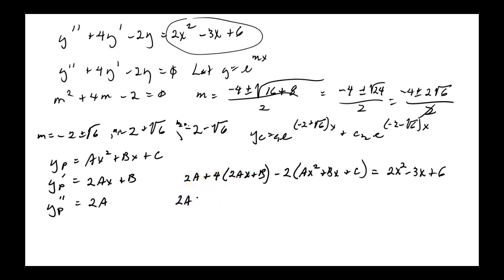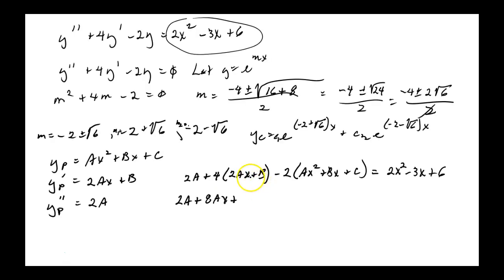What's next? 2a plus 8ax plus 4b, or not 4b, okay? Next? Minus 2ax squared. Say again? Minus 2bx.